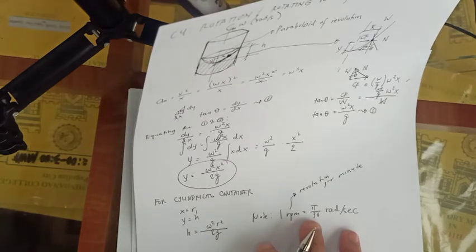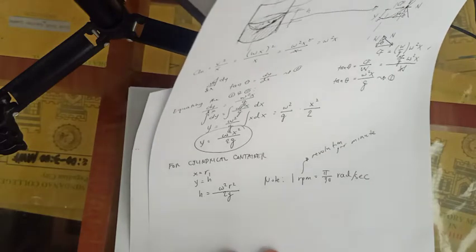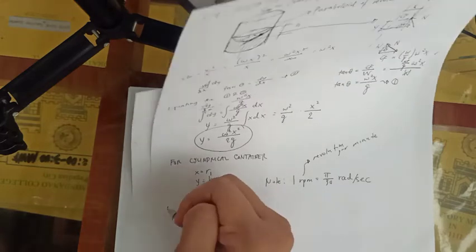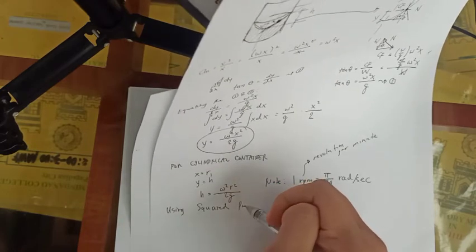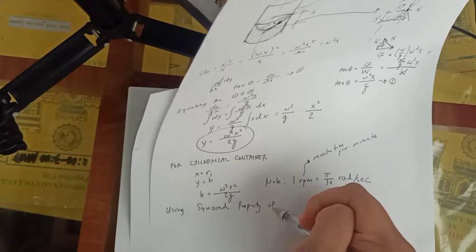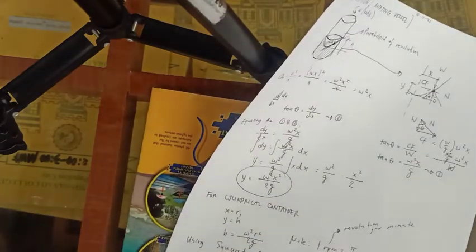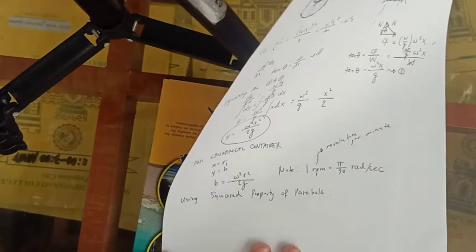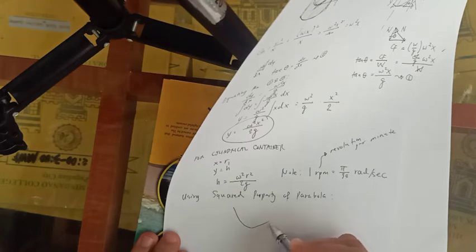The relationship between any two or more points in the parabola can be given by the square property of parabola. So using the square property of parabola, this is the curve.